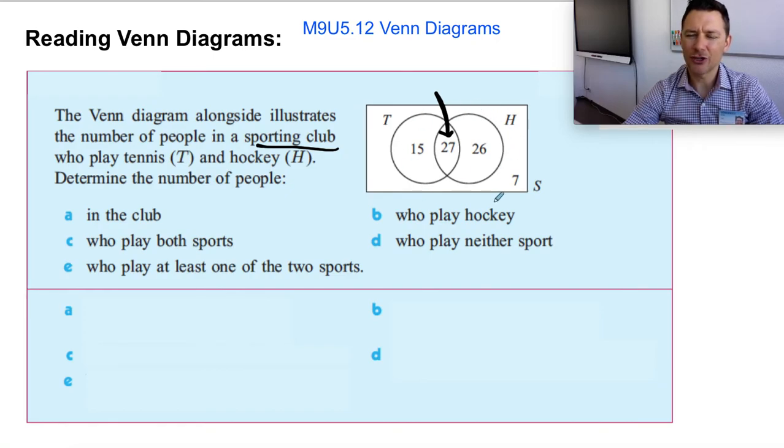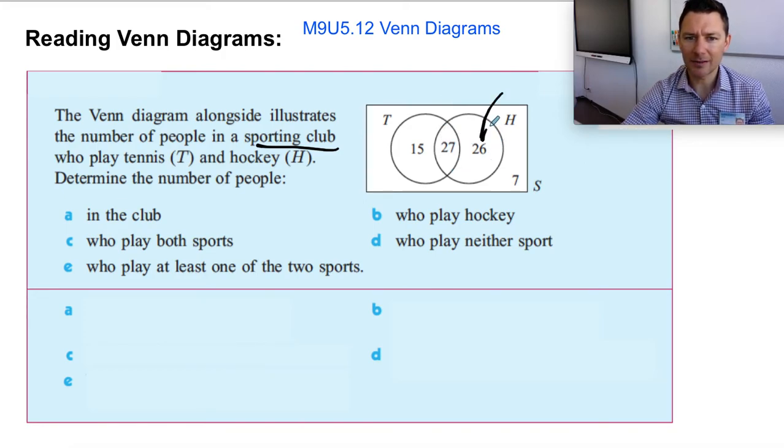We are mathematicians and we don't like redundancy. We don't like saying the same thing over and over. It's really annoying to say the same thing over and over, and so we don't like counting the same number again. See what I mean? So there's nobody that's been counted twice here. So there are 27 people that play both.